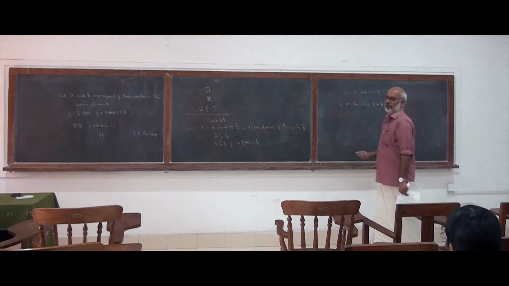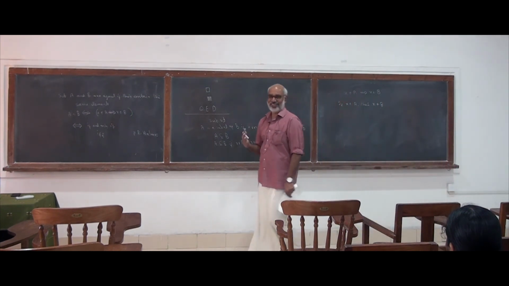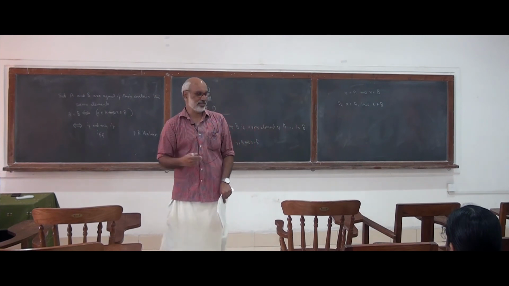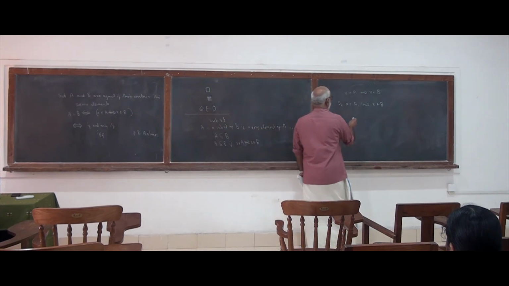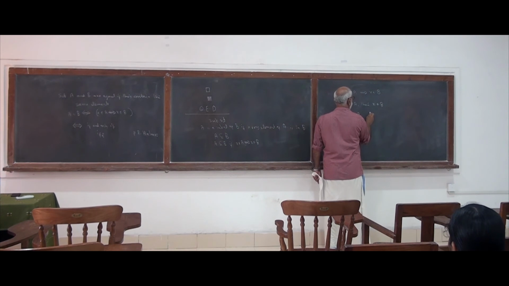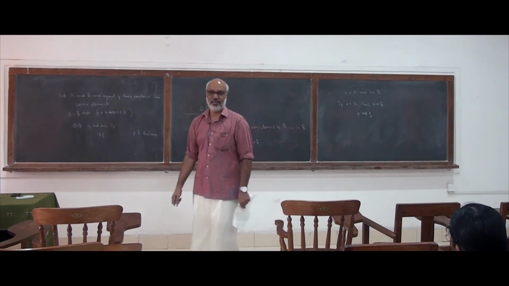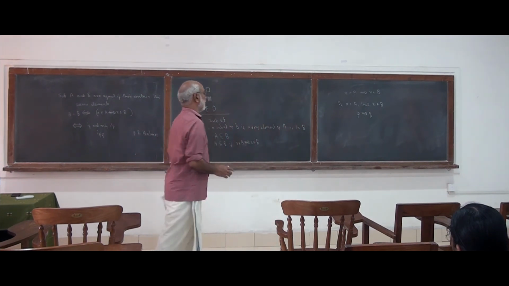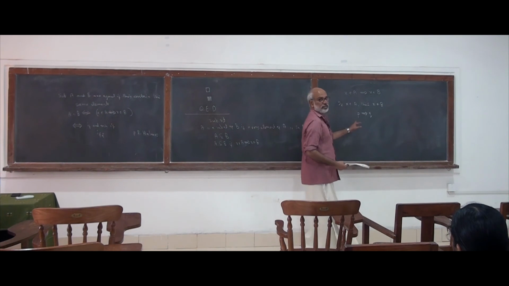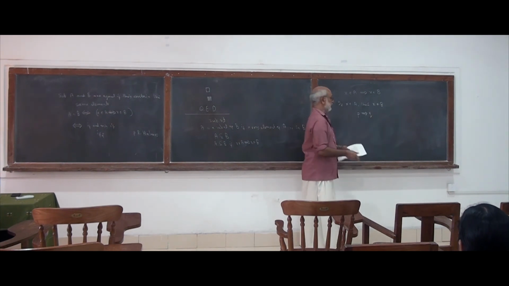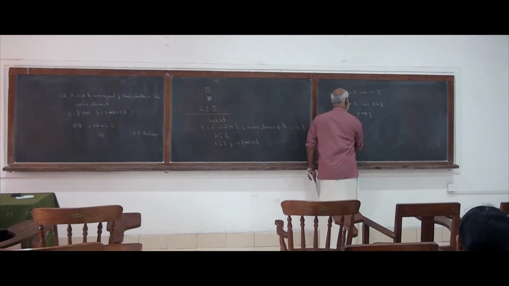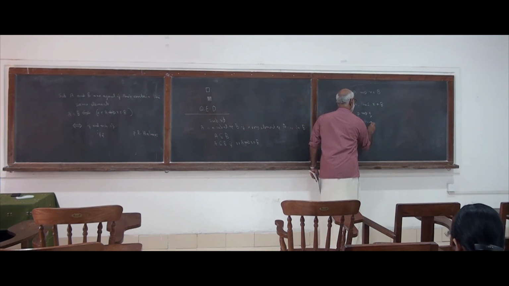In mathematics, we use several such statements. More generally, suppose P is a statement and Q is a statement. We write P implies Q. This means that if P is true, then Q is true.